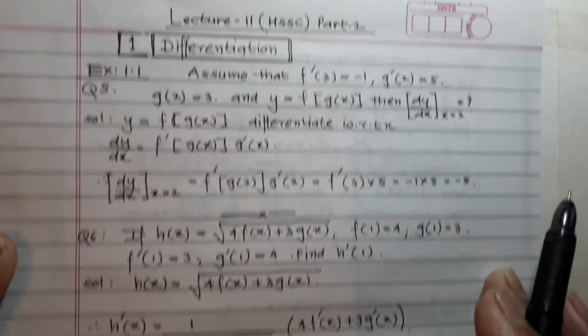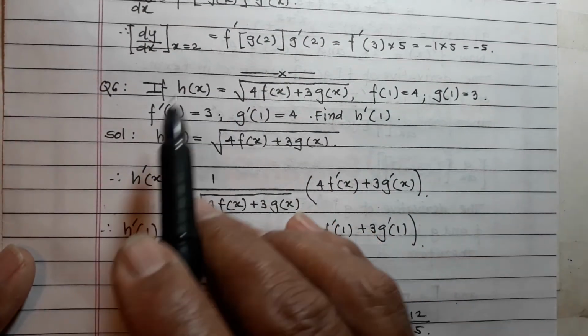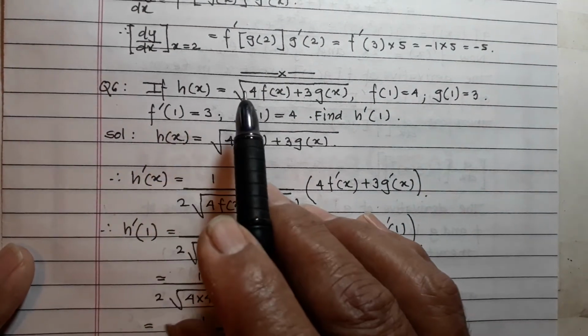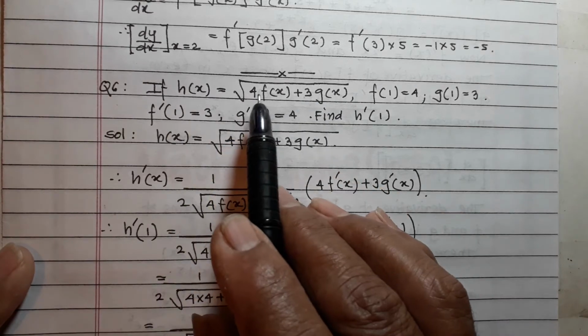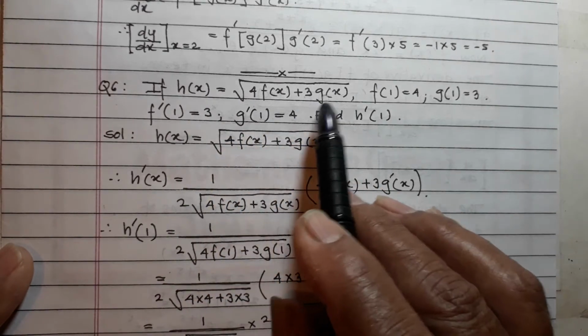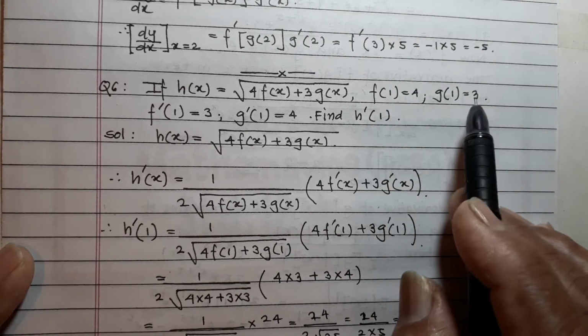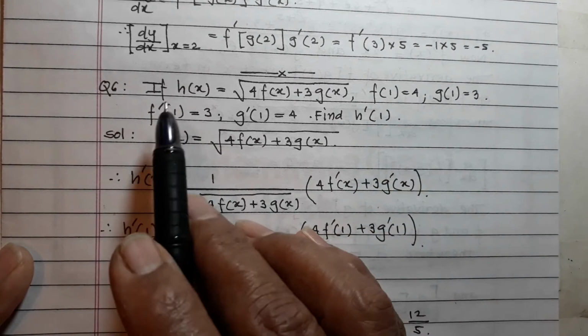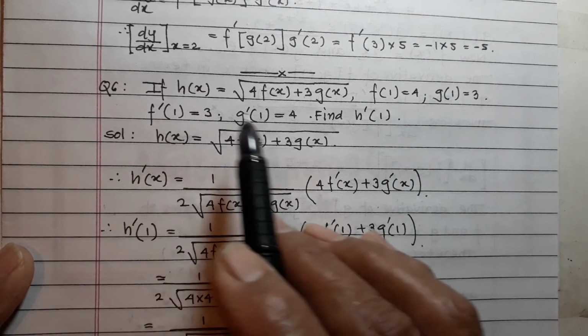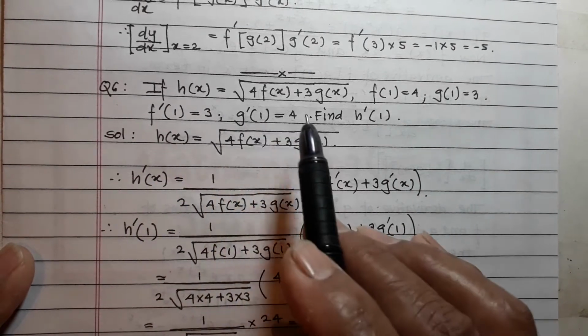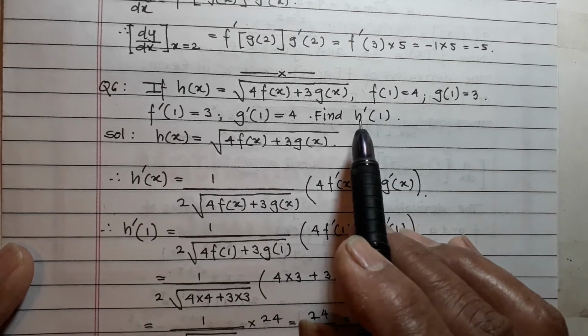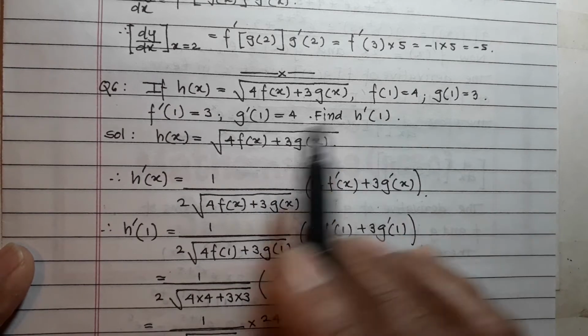Question number 6. If h(x) = under root 4f(x) + 3g(x), f(1) = 4, g(1) = 3, f'(1) = 3, g'(1) = 4, find h'(1).